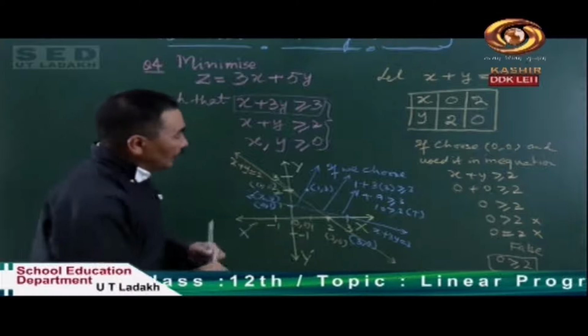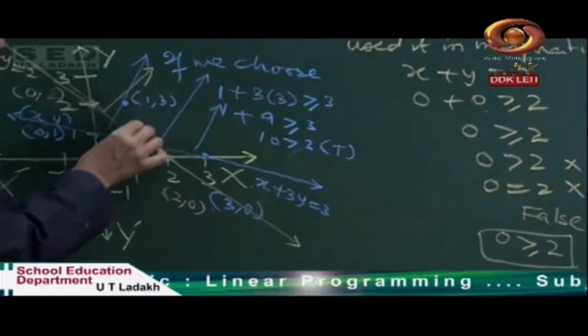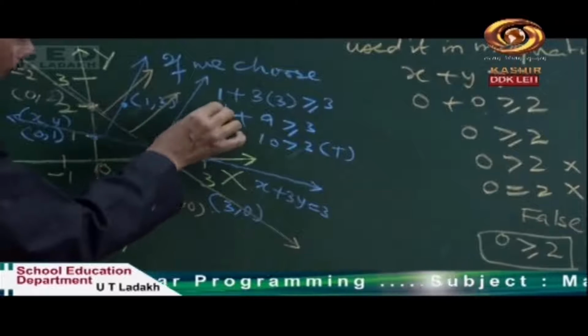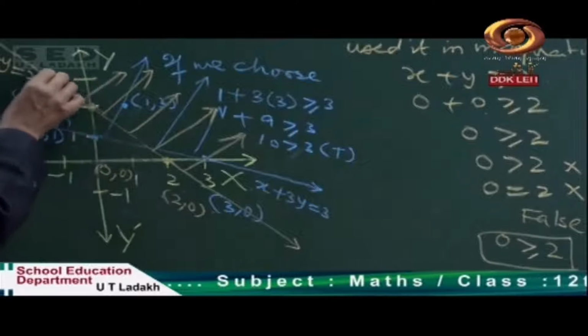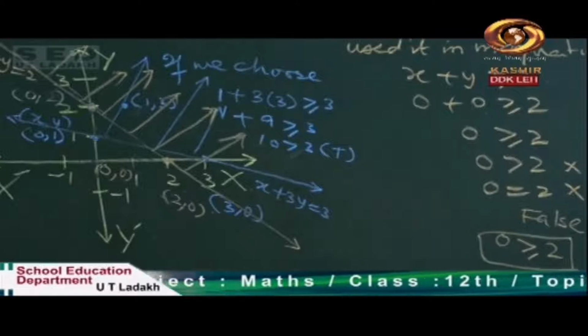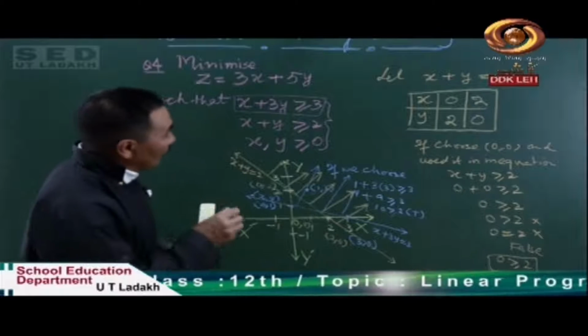If false, then I have to shade the other side of the origin. This is the other side of the origin, this way.